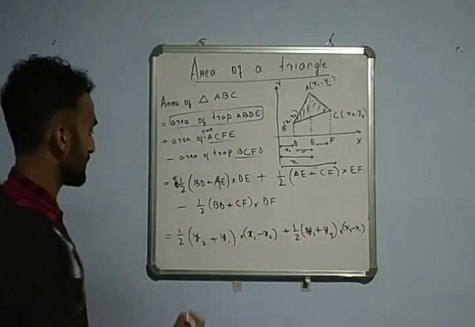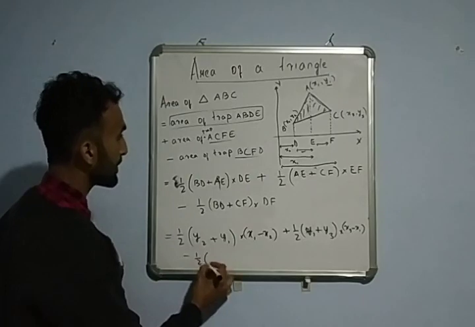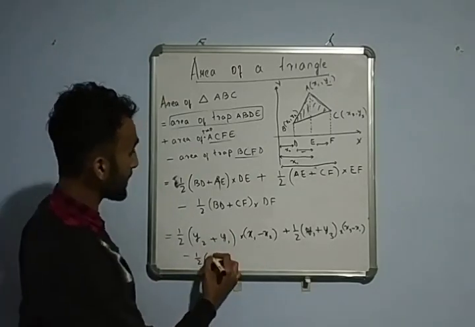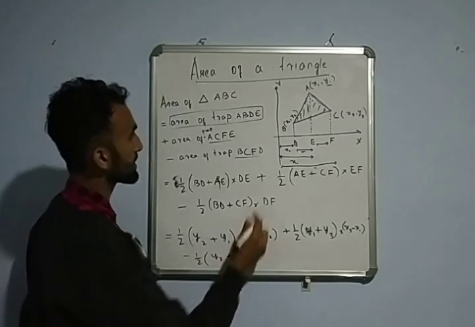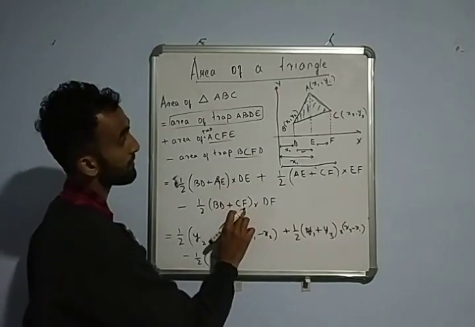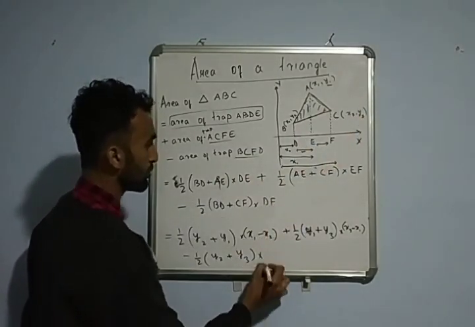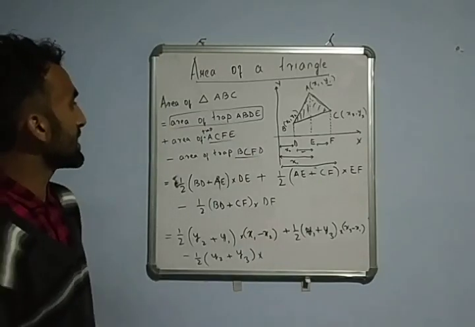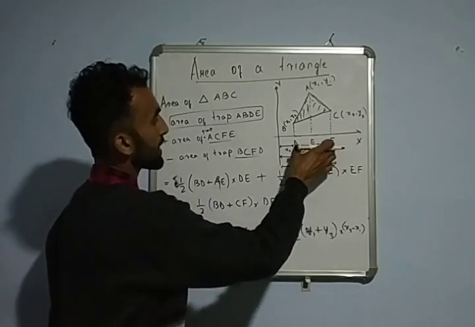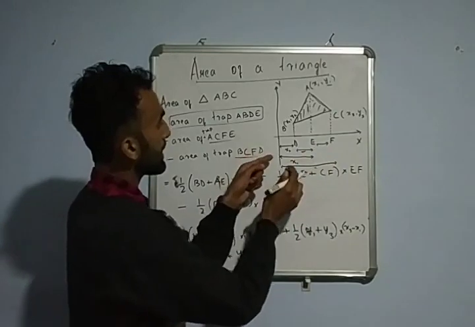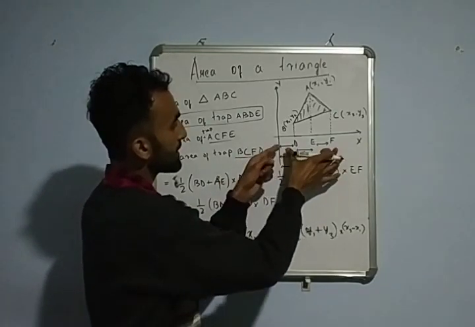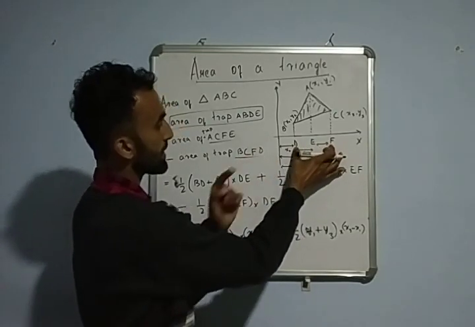Check very carefully. Minus half BD plus CF. BD is nothing but y2, CF is nothing but y3, into height. Height is DF. Now you check how to get DF. I want DF.